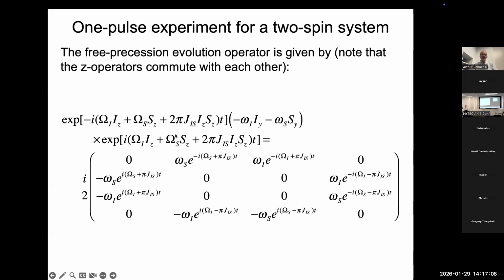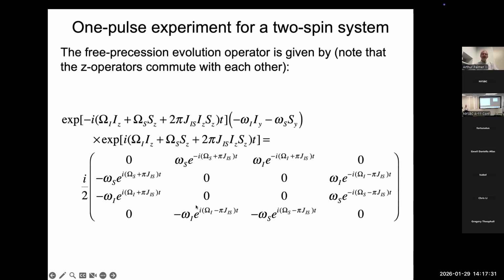I have to then have my sandwich, where first I pre-multiply by the operator, then my density matrix, and then post-multiply.